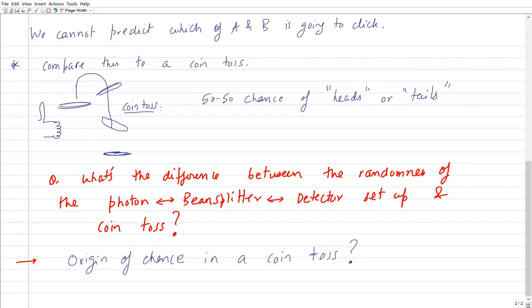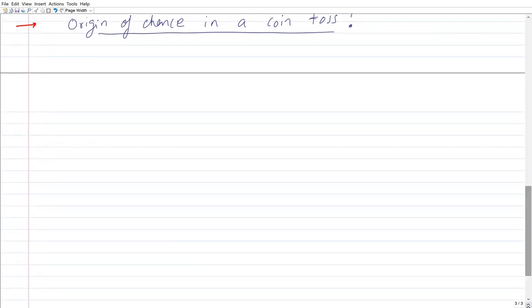How would you answer this question? Think a bit on this problem. Is there anything fundamental about the randomness of the coin toss? That's my question.